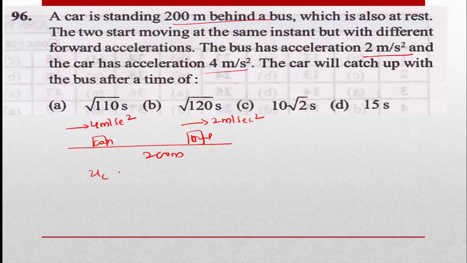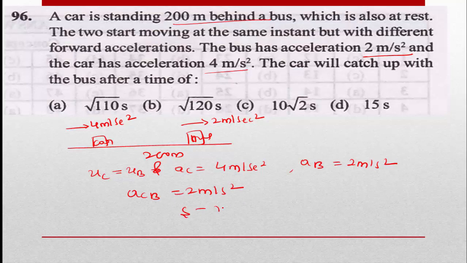Then the initial velocity of the car is equal to the initial velocity of the bus, right? And acceleration of the car is 4 meter per second square, and acceleration of the bus is 2 meter per second square. Hence the relative acceleration of the car with respect to the bus is 2 meter per second square.